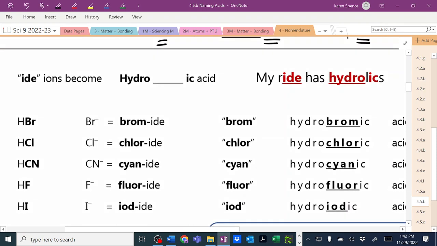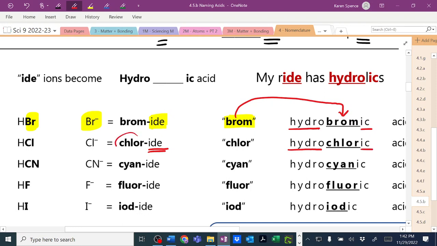We have HBr. The Br is Br minus, which is bromide. So our stem is the brom. And so we put the brom in the middle. And we have hydrobromic acid. If we have chloride, remember we're going to have that hydro-ic.